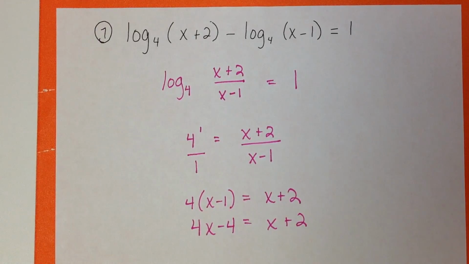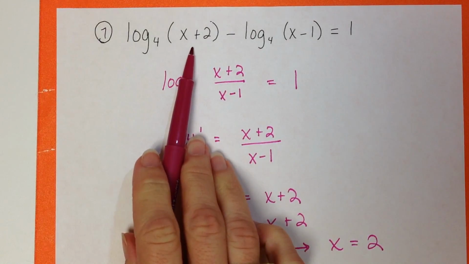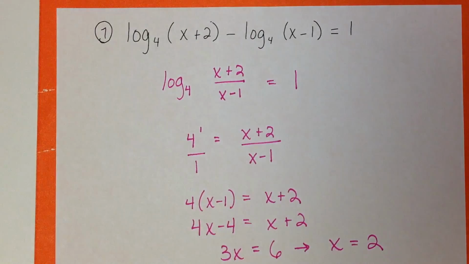We just need to solve this one for x, get x on one side, numbers on the other. So I'm going to subtract my x, which will give me 3x, and then add the 4, which will give me 6. So my answer is x equal 2. And the 2 will check, because 2 plus 2 is positive 4, and 2 minus 1 is positive 1. So that one checks.